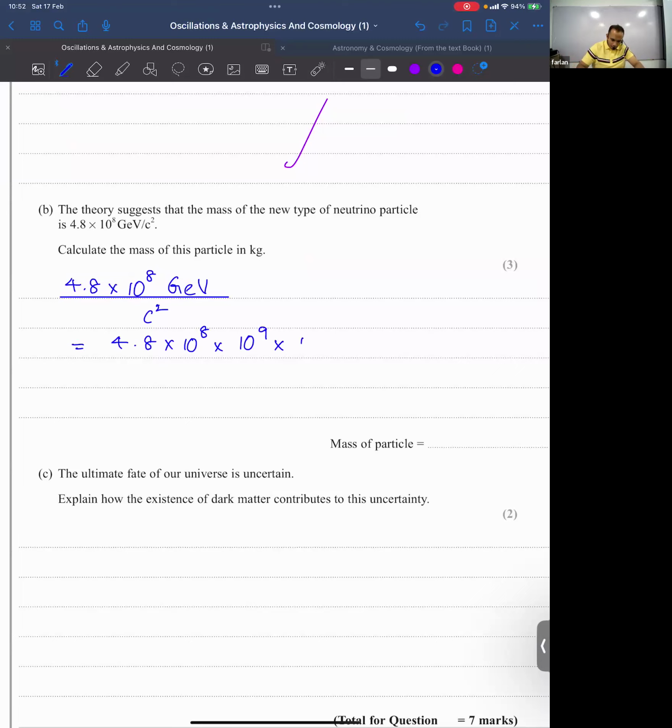Multiply by 1.6 into 10⁻⁹, the charge of an electron.